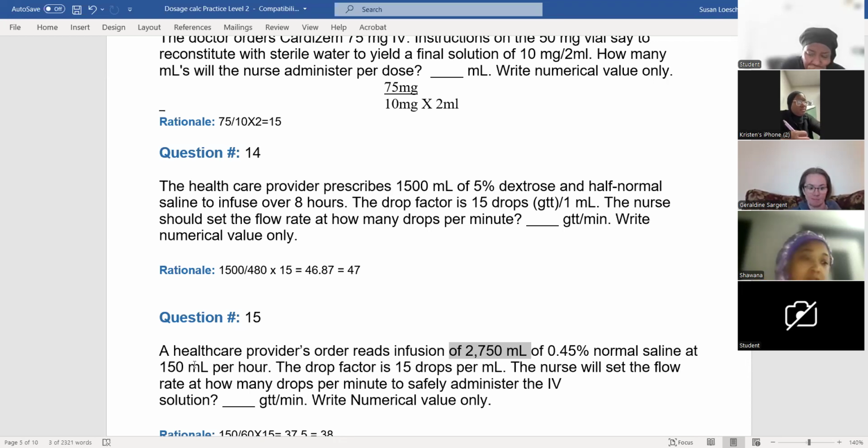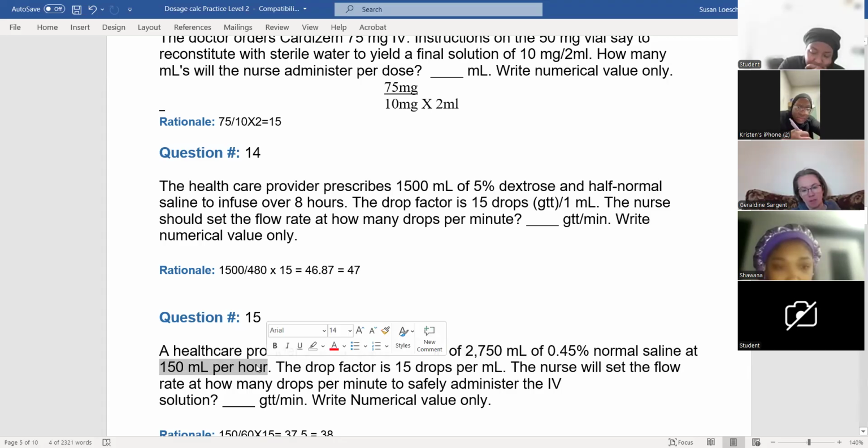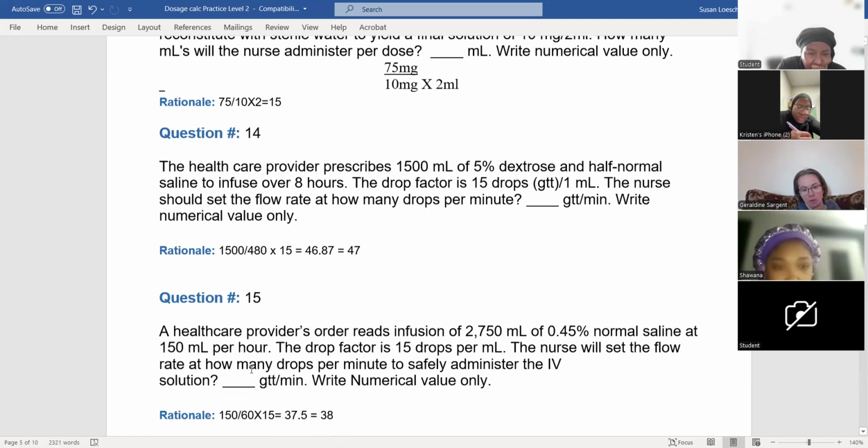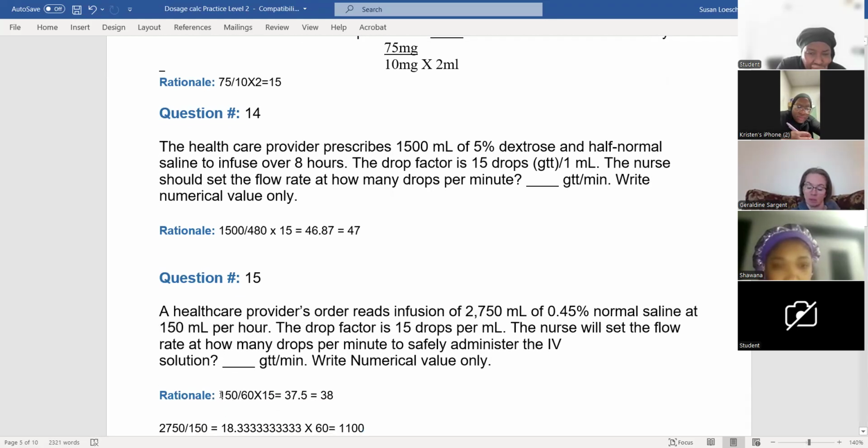Yes. Okay. So this has a little cheat in it that you can use. If it shows you this right here, then you can use this as your actual volume and your time. So you know your volume there is 150. 1 hour is equivalent to 60 minutes, right?